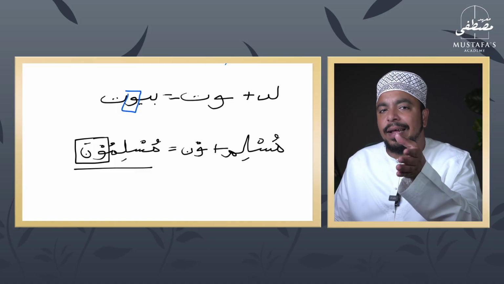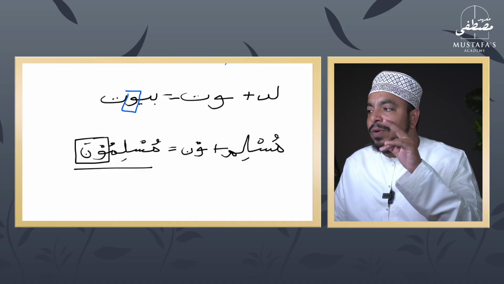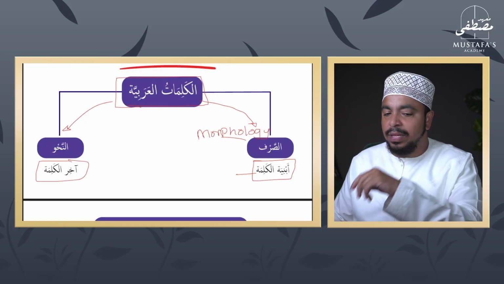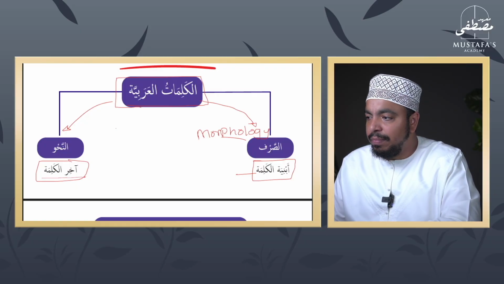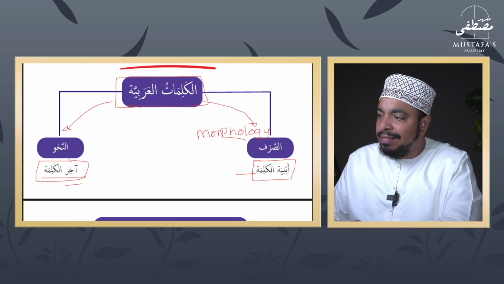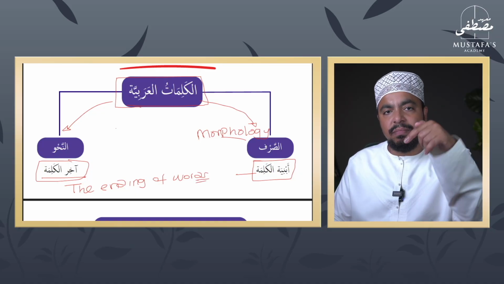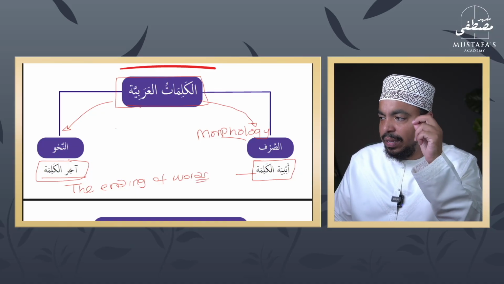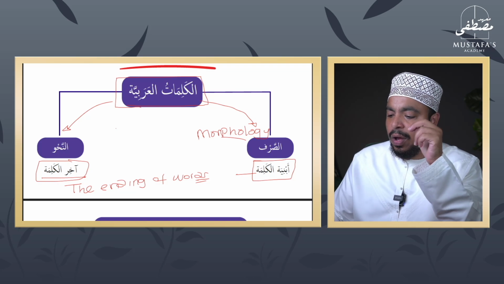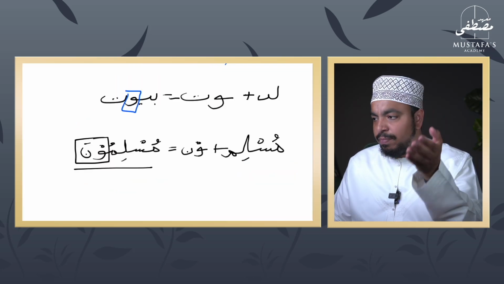So what you notice is that this is what sarf does. Like when it comes to grammar, if you come back to this, it says akhirul kalima, which means the ending of words. So you tell me in the comment section, what are we specifically paying attention to?